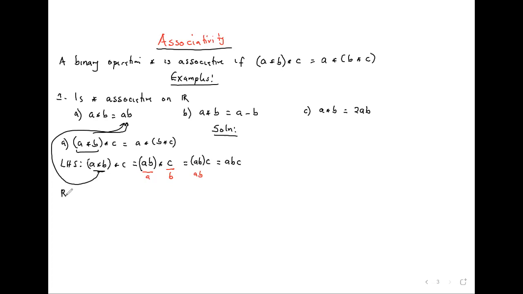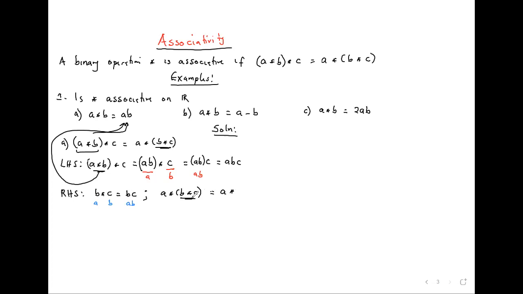Then we pick the right-hand side. Now you start with B star C. So what is B star C? In B star C, your A is B and your B is C. So you need to have AB, but A is B, and B is C. So when we go to A star B star C, you have A fixed.